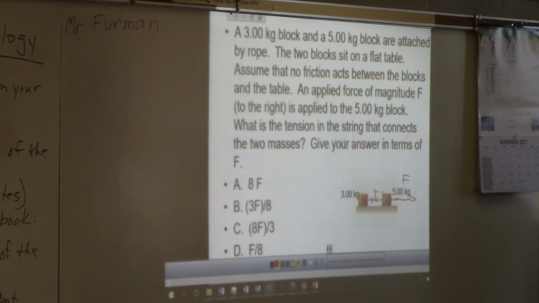Greater than T. So when you're pulling something, think about the locomotive at the front of a train. It's attached to just one car. But that car is attached to another car, which is attached to another car. There might be 120 cars in the train. That locomotive is pulling all of them.